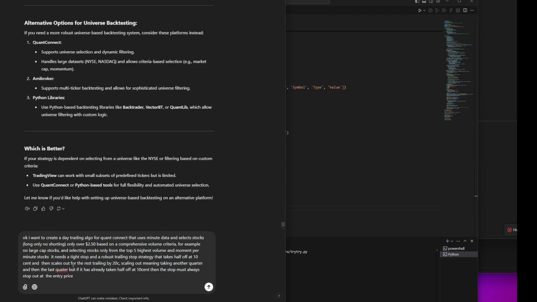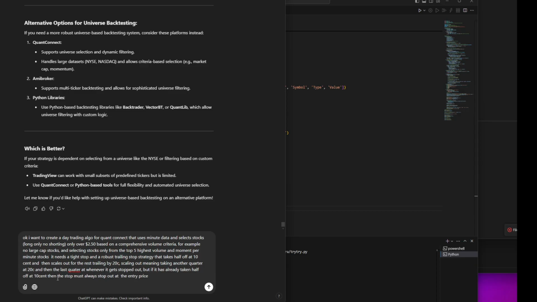Scaling out meaning taking another quarter at 20 cents, and then the last quarter, well, just let it run as much as possible, that last quarter, until it gets stopped out. Now, I'm not sure, because that wouldn't be a trailing stop then, would it? So, I don't know if I can figure it out.